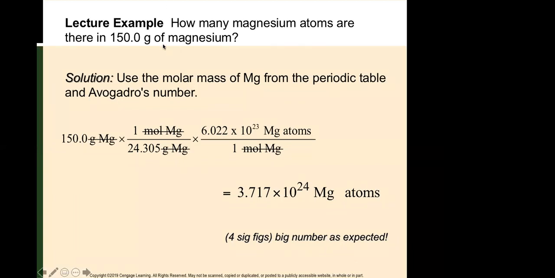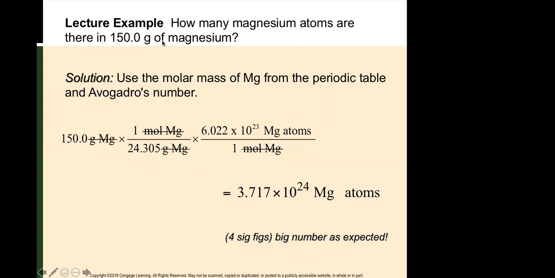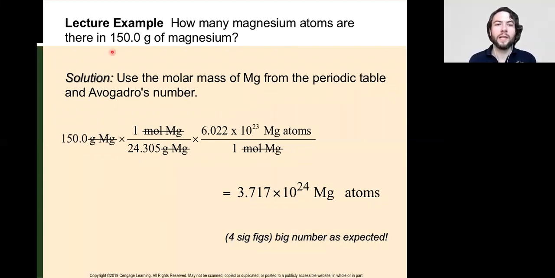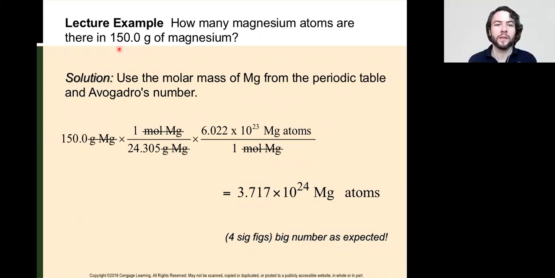Sir, I have a question. Yes. So for the number of sig figs, do we follow it based on the number of sig figs given in the question? The sig figs of the question is 4, so the answer also has to be 4 sig figs. Yeah. In this case, we have 4 significant figures because we have 4 in the question.